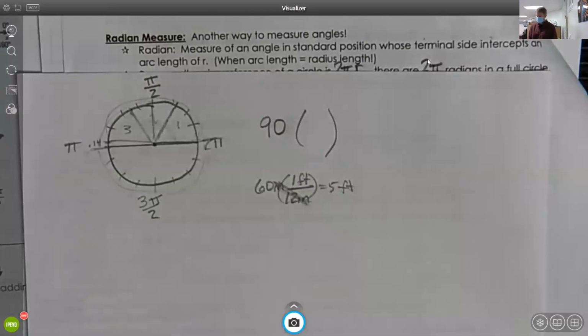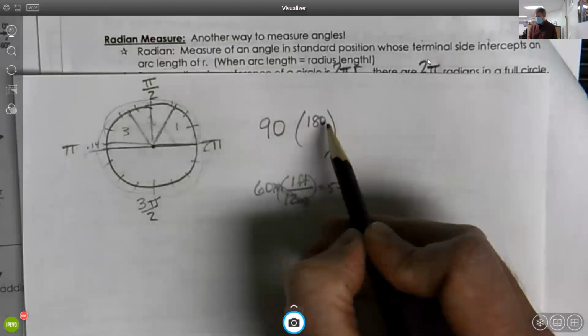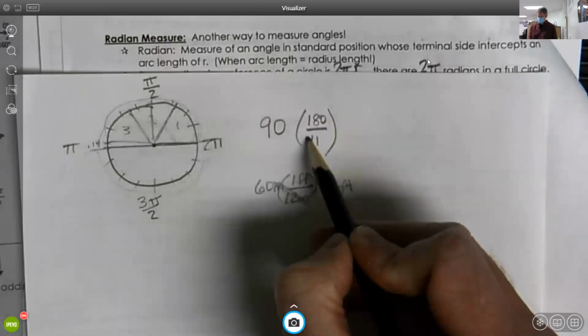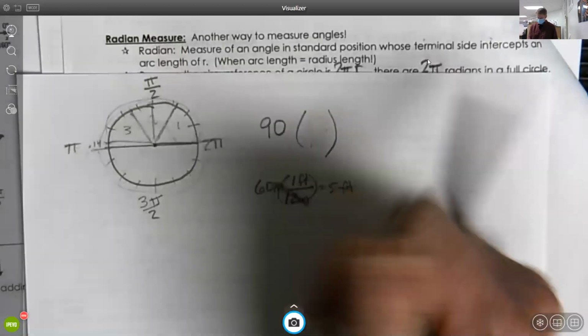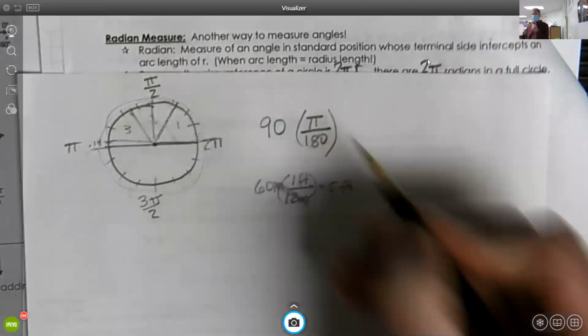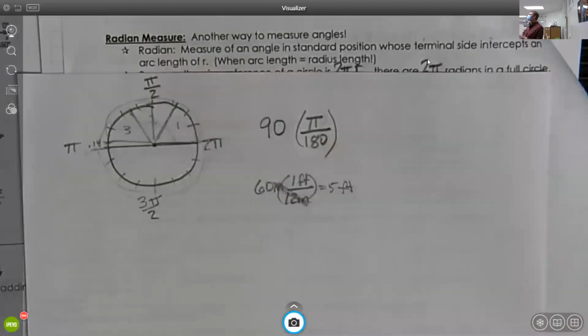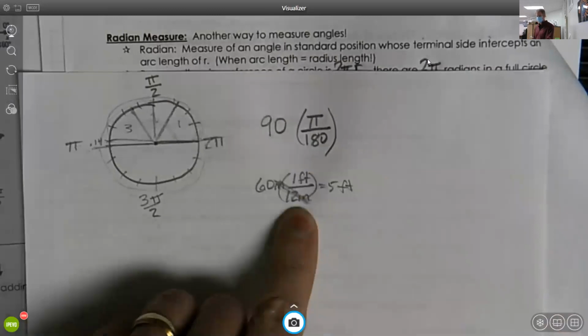Well, here with radian, you know that 180 and the pi, I wrote it upside down. The 180 and the pi are the same amount. They're the same unit, like 1 foot is 12 inches. That's a value of 1. This is a value of 1.